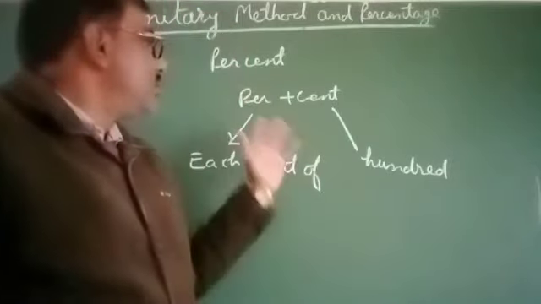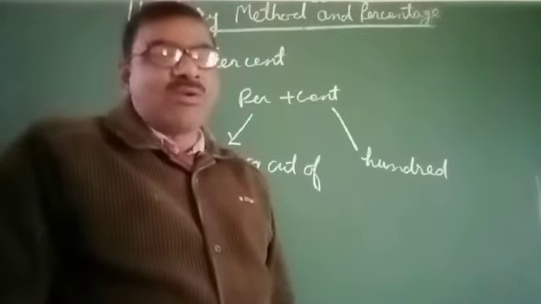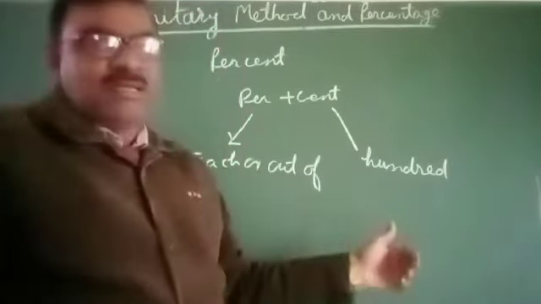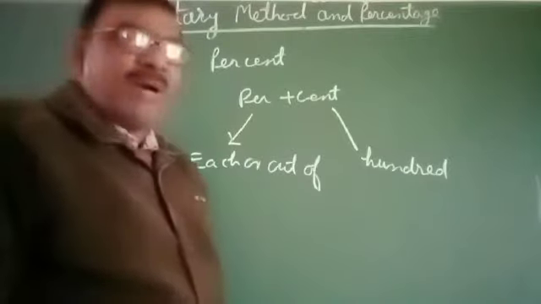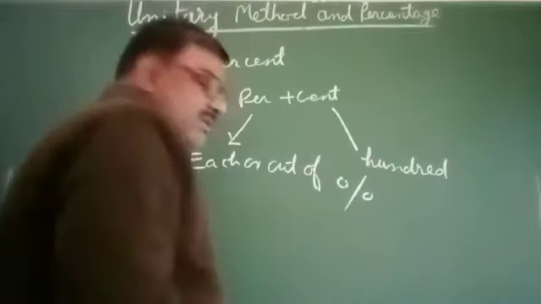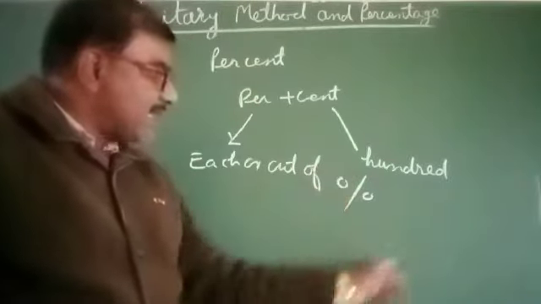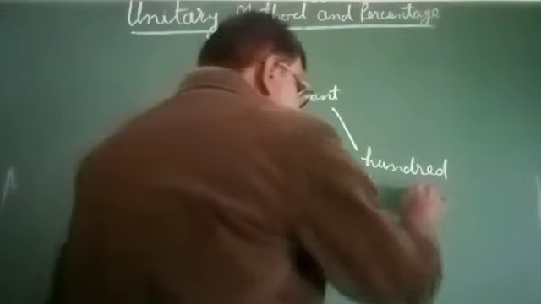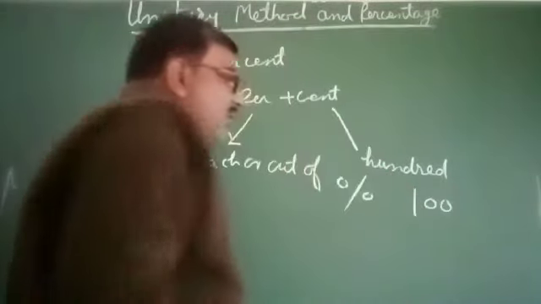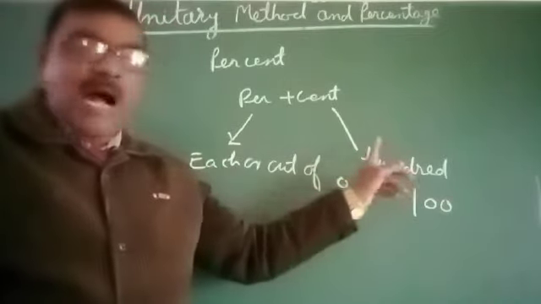So if you talk about the percentage, it means out of 100. The symbol of percent is this, and it is taken from 100. Dear friends, this is 100 and percent is out of 100.